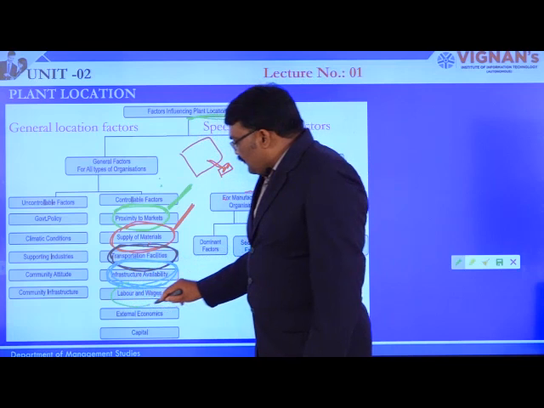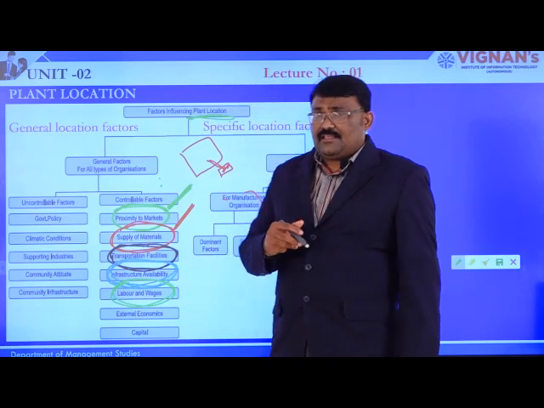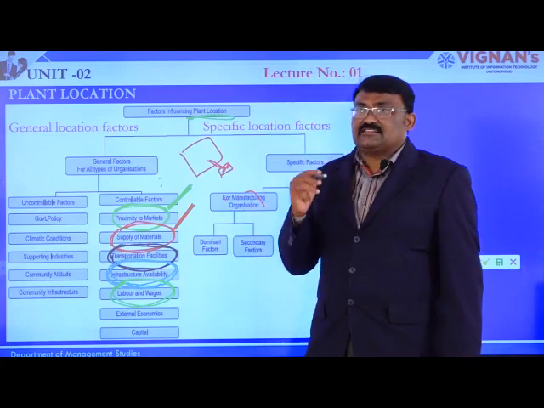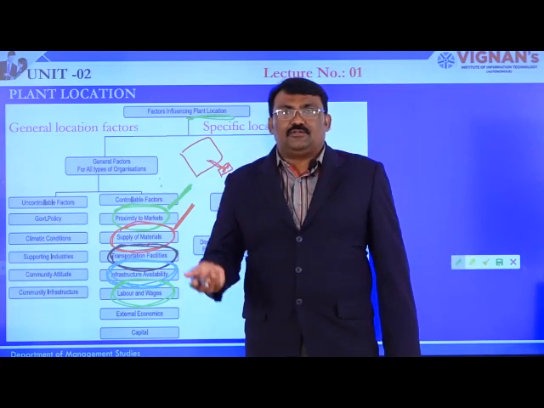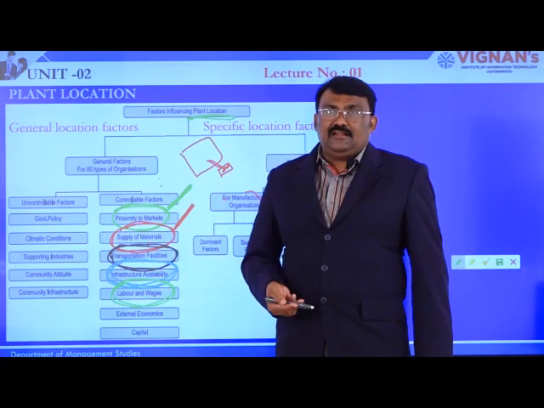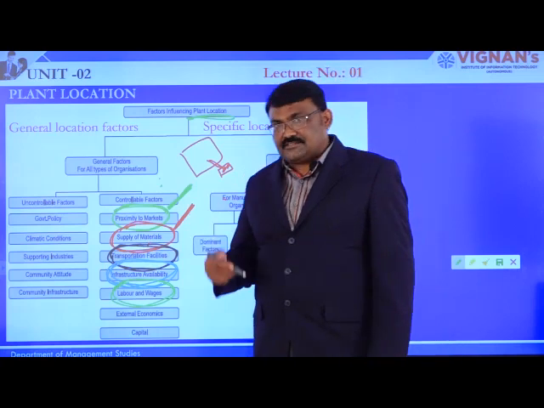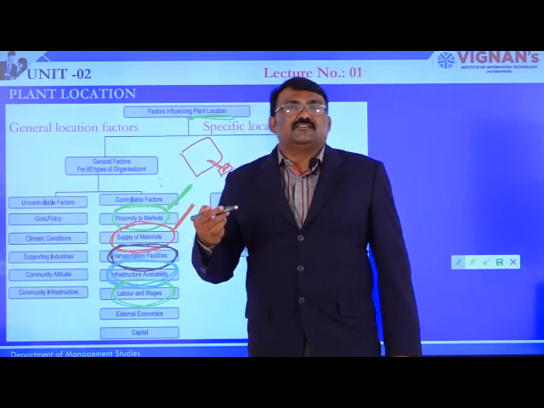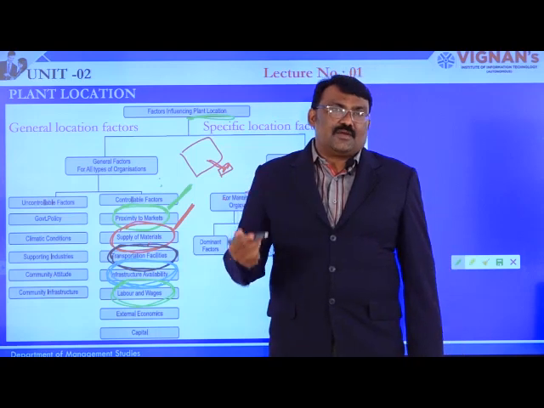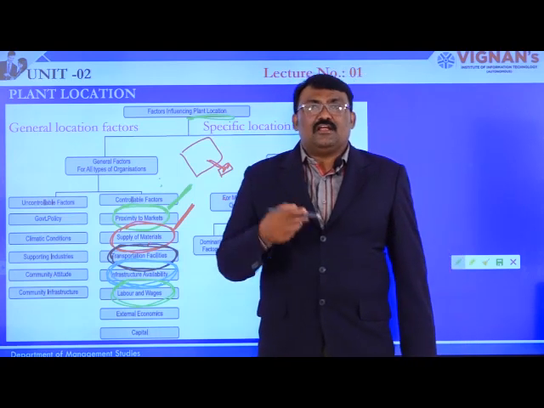Now, labor and wages are the other controllable factors. Because if you need skilled employees, you need to establish the location in an urban area, or if you need semi-skilled or less skilled employees, you need to establish the plant location somewhere in a semi-urban or rural location for the need of such kind of labor.